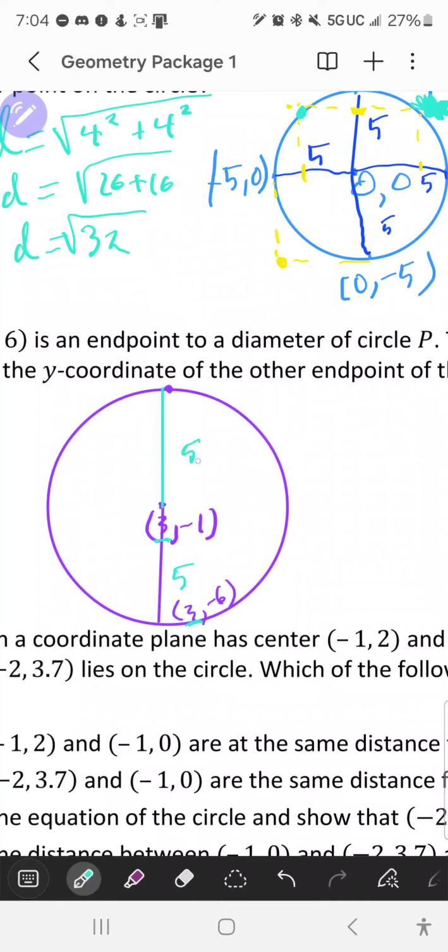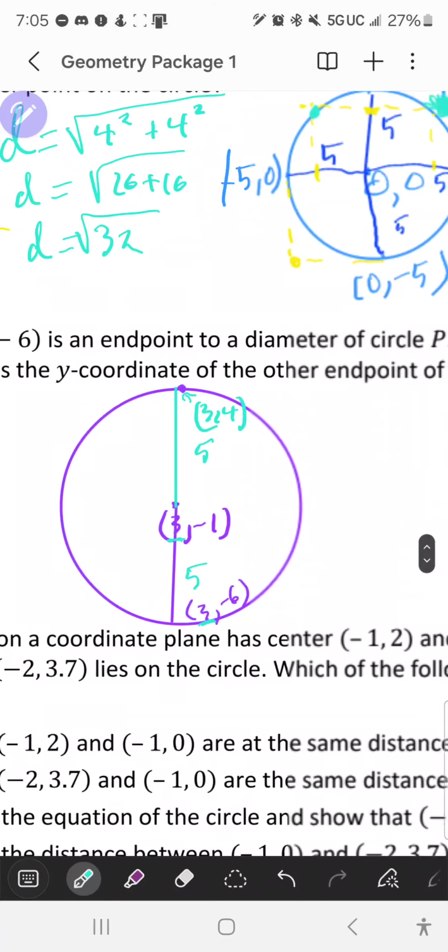So there are 5 here, so 5 more here. And then -1 plus 5 is going to be 4. And we keep the same x value since we have been keeping it. So it will be (3, 4).